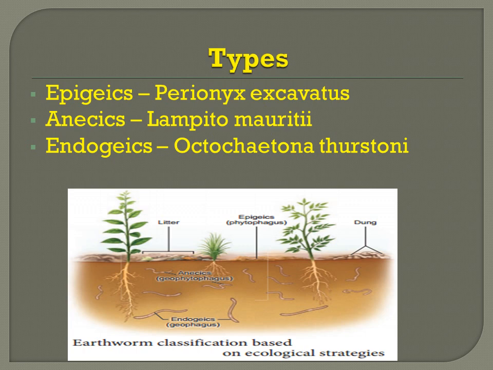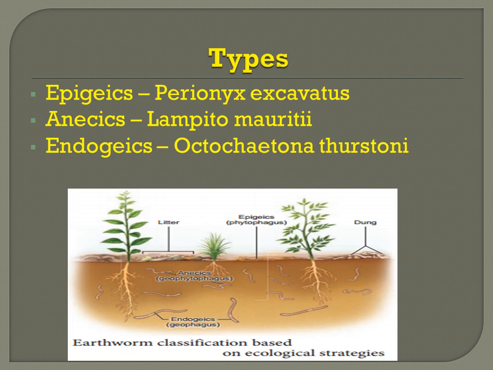The second one is anecic varieties. One example is Lampito mauritii. What do we mean by anecic? It means the outer layer of the earth. It is not on the surface, but just below the surface. We know the soil has many layers, so this is present just below the surface.